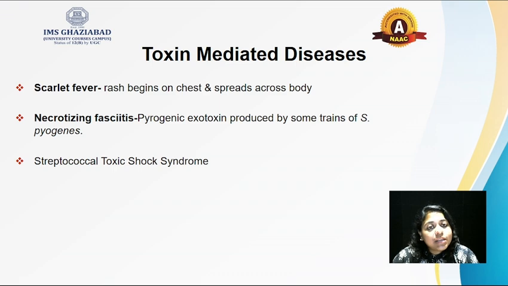What is apoptosis? Apoptosis is programmed cell death. So gradually, if a person suffers from necrosis, it causes apoptosis.